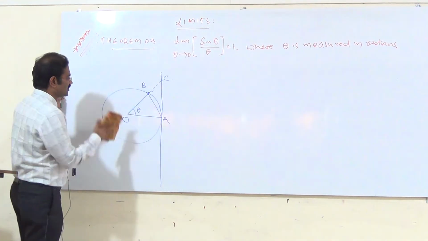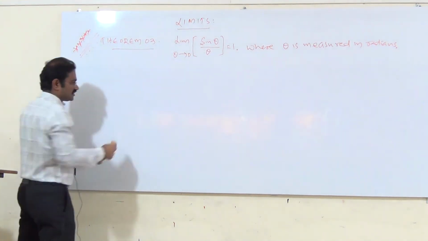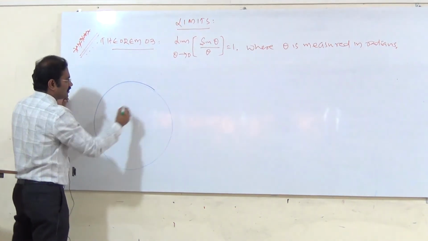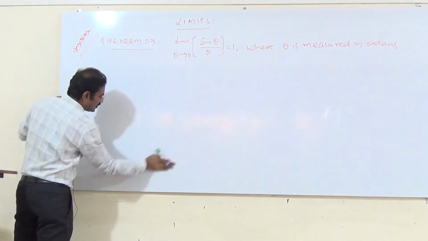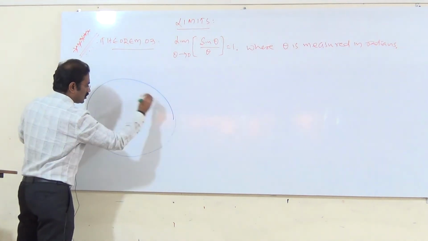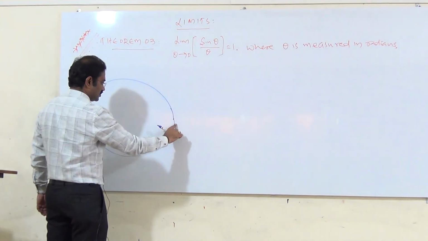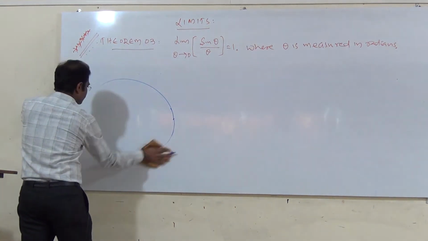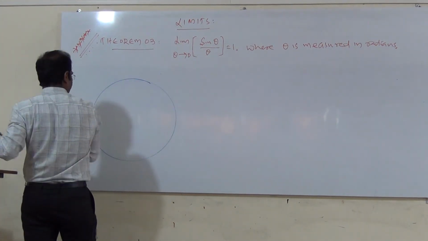I draw the figure once again. Observe carefully. The same figure. First, consider a circle. This is the circle, and I want a big circle.